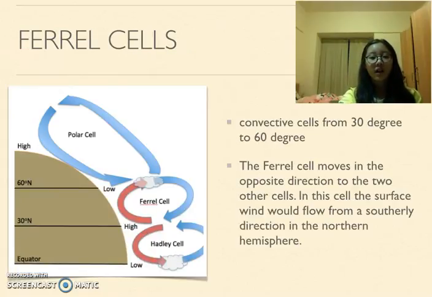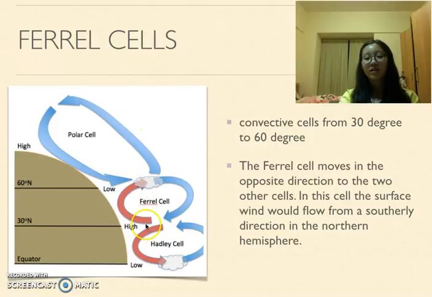Ferrel cells are the convective cells from 30 degrees to 60 degrees. The Ferrel cell moves in the opposite direction to the other two cells. In the picture, you can see both Hadley cells and the polar cells move in a counterclockwise direction.